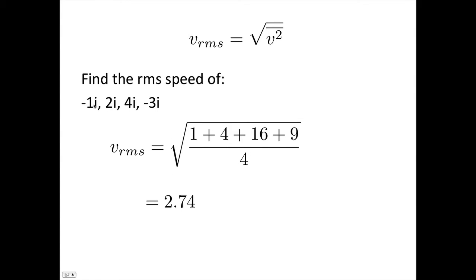So we do 1 squared, which is 1, plus 2 squared, which is 4, plus 4 squared, which is 16, plus minus 3 squared, which gives us 9. And now there's 1, 2, 3, 4 values there, so we divide by 4. Then we take the square root. When you do that on the calculator, you get 2.74. So the RMS velocity for these values is 2.74.